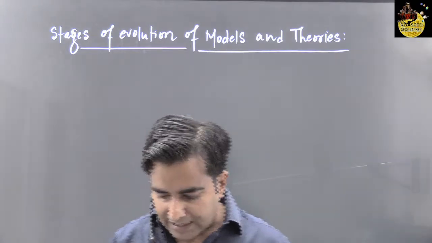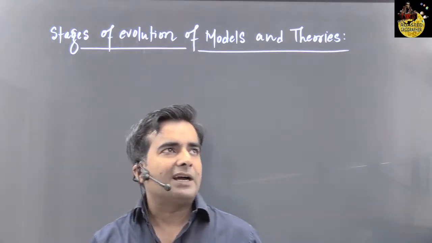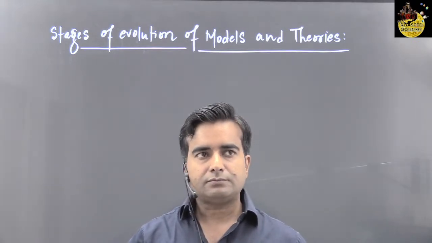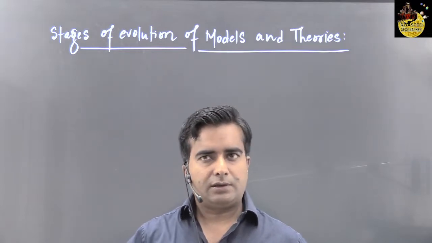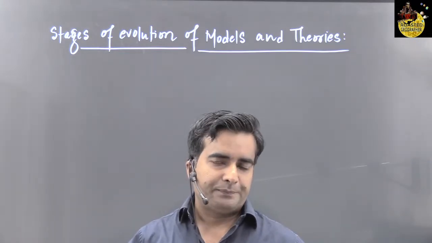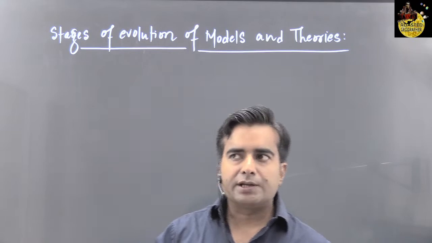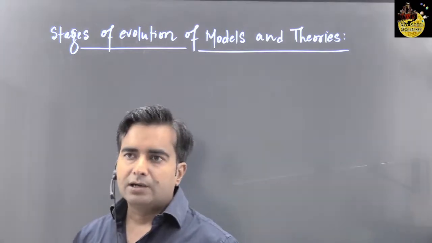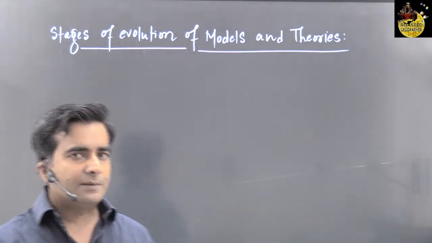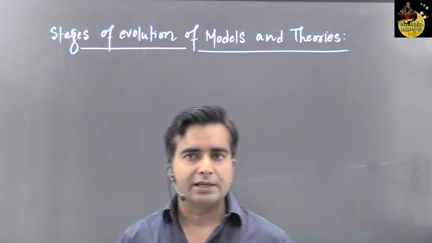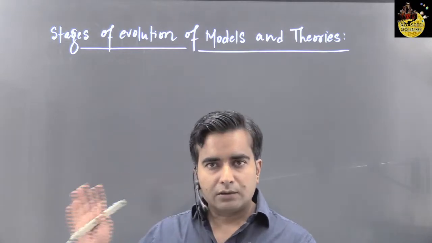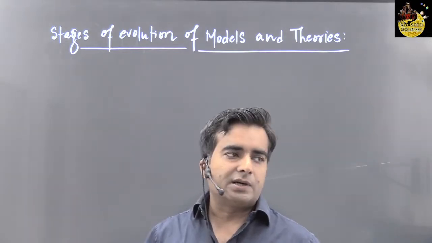Now if you look at the stages, what is the first thing you are going to do? Whenever you want to think about something, let us say when someone gives a hypothesis, what is he doing? The first thing is observation. Until and unless you observe something, you assess something. First you will see, then you will think about it. Then and then only you can start in a certain direction.